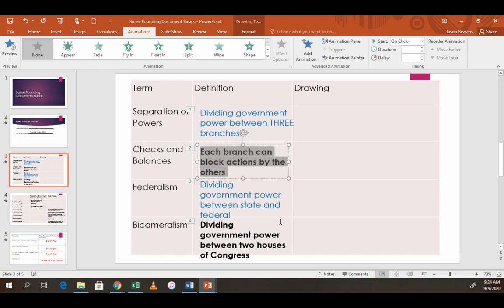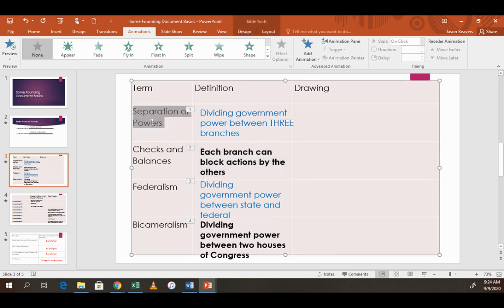Essentially, what we're talking about between separation of powers and checks and balances is that we don't trust one person to have all government power. We don't trust one person in the federal government, like a king, to have the power to make laws and to enforce them and to be the judge and the jury. We want power to be divided up because we don't trust people.